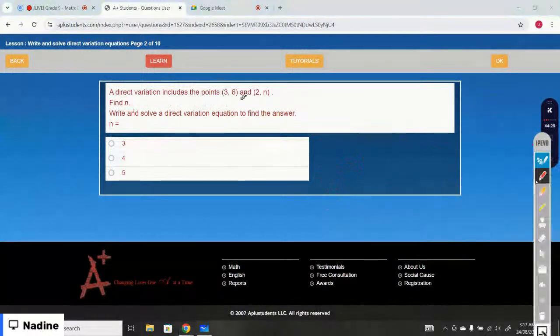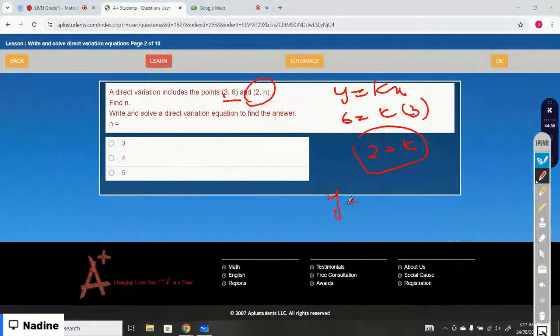Use this pair of values, that is y equals kx, y is 6 and x is 3. So 6 equals 3k, so k equals 2. Right, now you can use the k to calculate this value. So y equals kx, that is x that is given is 2. So 2 times 2 is 4. So that means the missing value is 4. Got it? The missing value is 4.